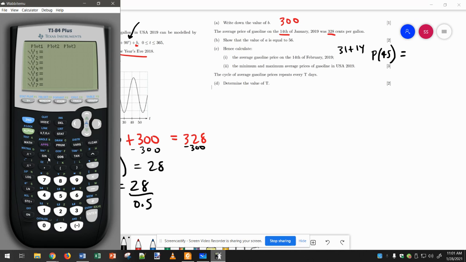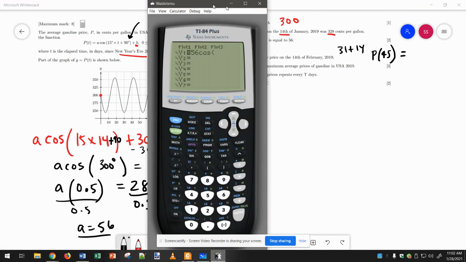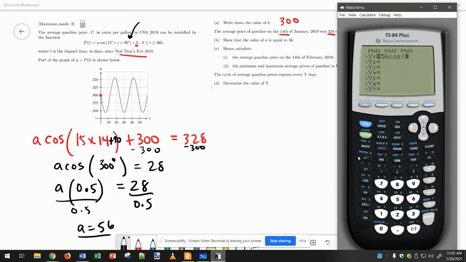So make sure we're in the right mode, degree mode. Go to y equals, type in 56 cosine of 15 times x, plus 90, close the parentheses, and then plus 300. Now we can just go to the table, second table set, and change the independent to ask so that I can type in whatever I want.